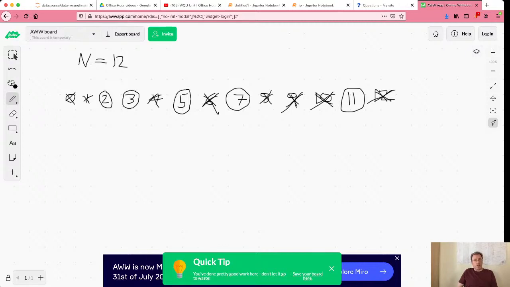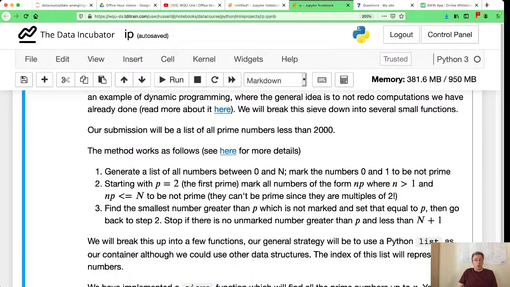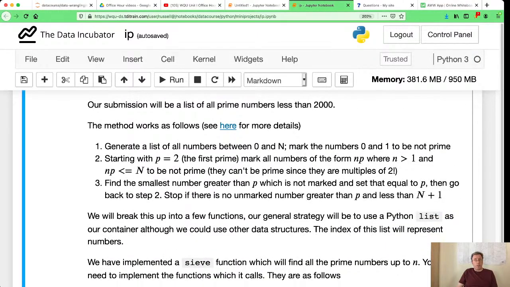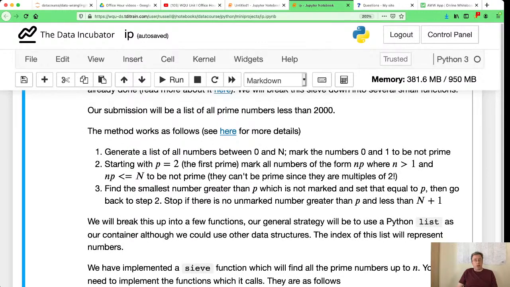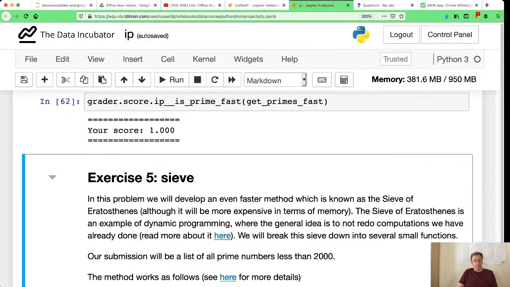I keep 7, I cross out all the positive multiples of 7, etc. I mark out all the multiples of a prime number, because all those positive multiples aren't prime numbers. And so this is what we want to do, right? We want to implement this Sieve of Eratosthenes. I might be saying his name somewhat correctly.